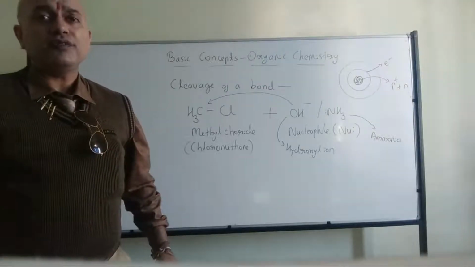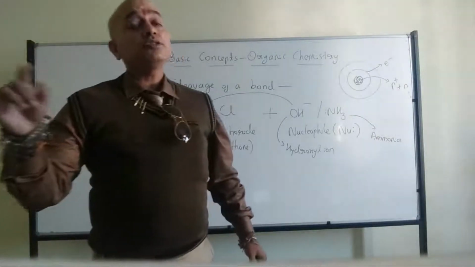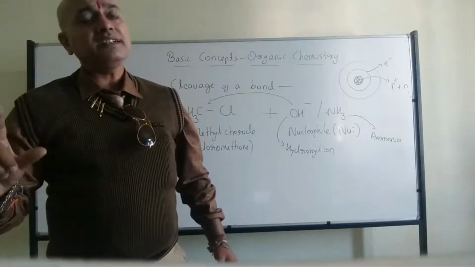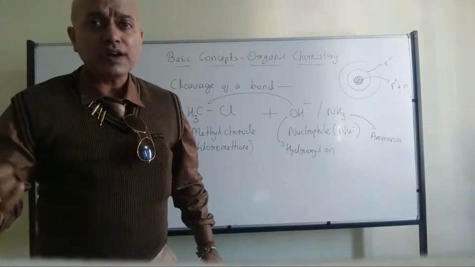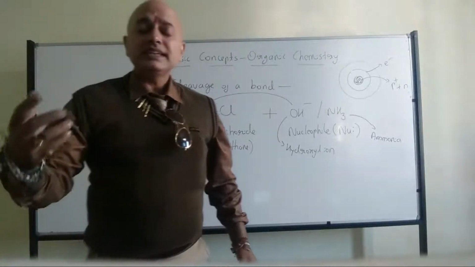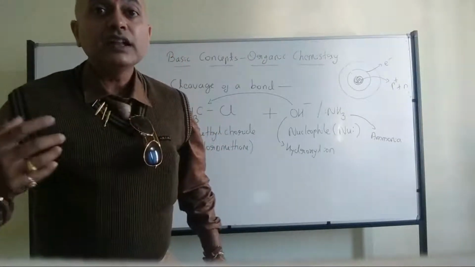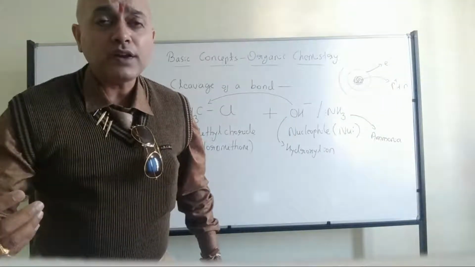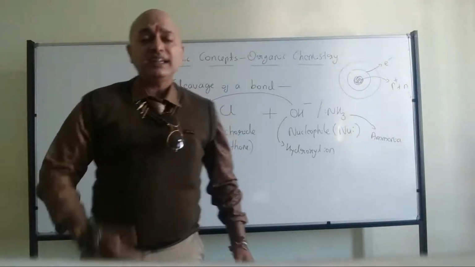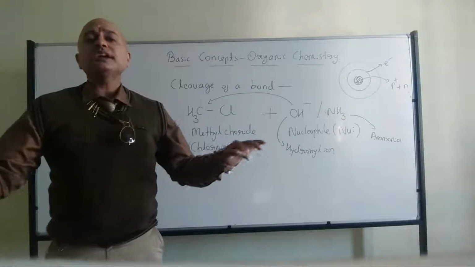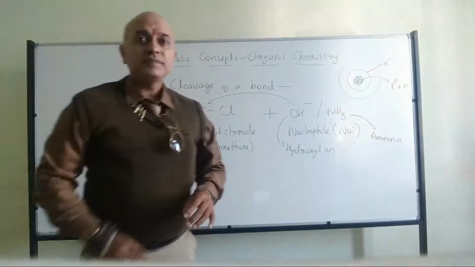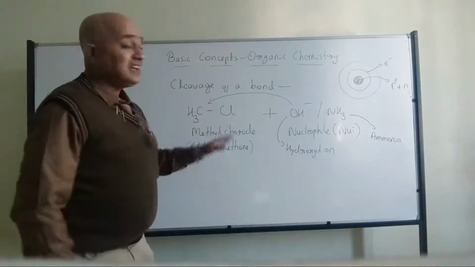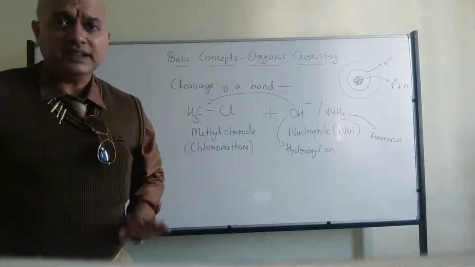So simply, you can say that nucleophiles are those species which have lone pairs of electrons or extra electrons. Or simply, they are electron-rich species. That's what you can say.